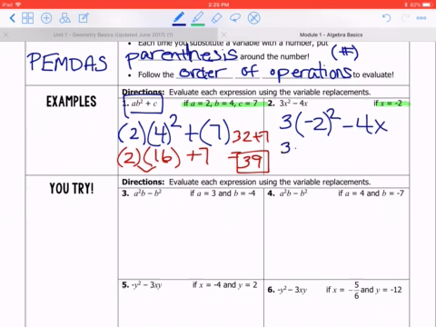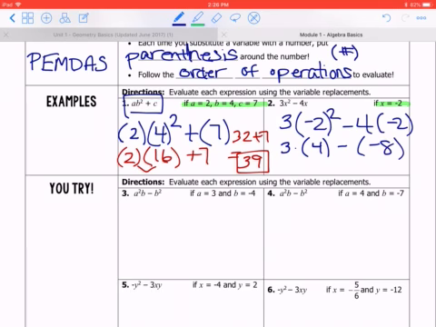So now I get 3 times -2 squared, a negative times a negative, that's going to make a positive 4, minus, and look what I did. I forgot to replace right here. Let me back up a step. 4 times -2. So I'm going to fix this here. So now we have minus, and then 4 times a -2. So the 4 times negative 2 is going to give me a negative 8.